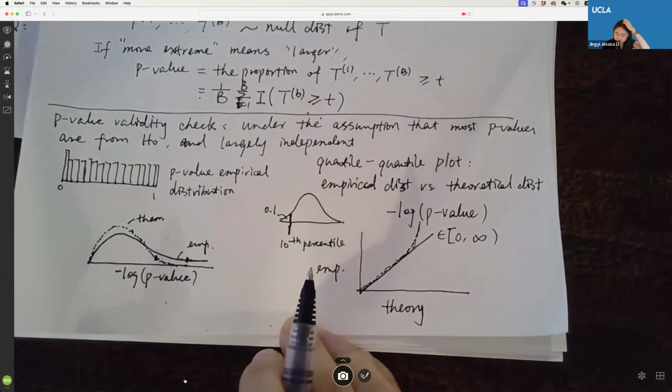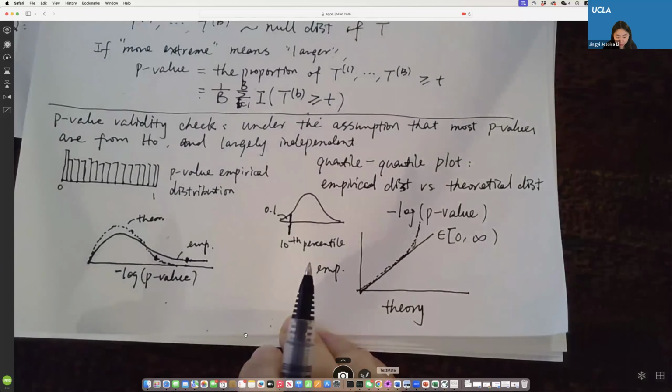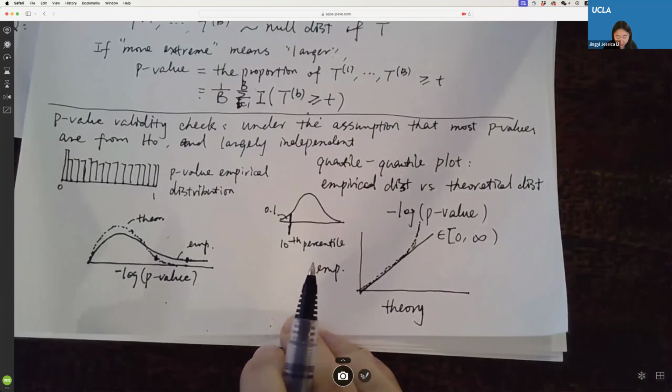Okay, so that's p-values. Once we have valid p-values, the next step is to do multiple testing correction. And you may wonder, why do I want to do that?